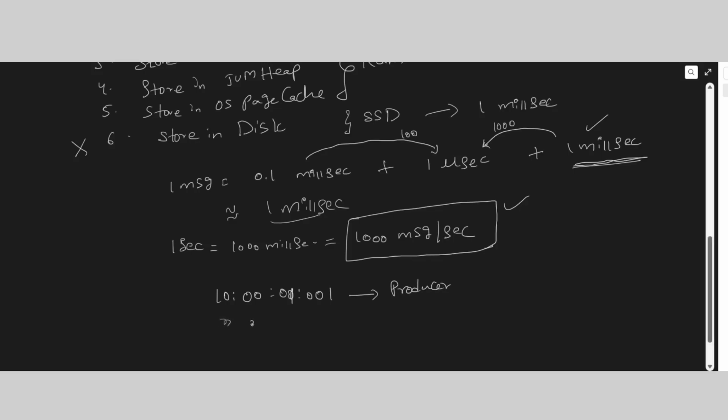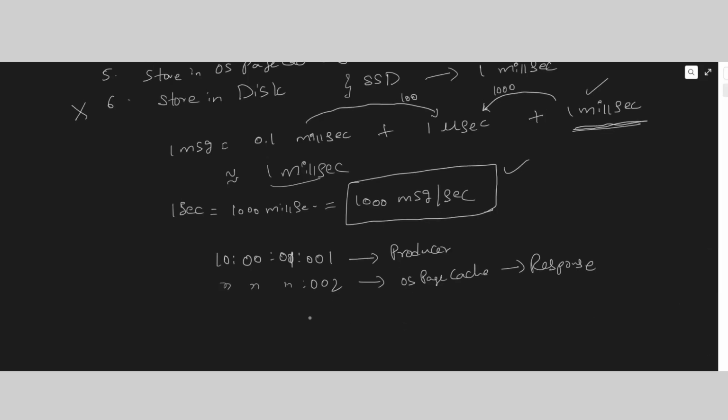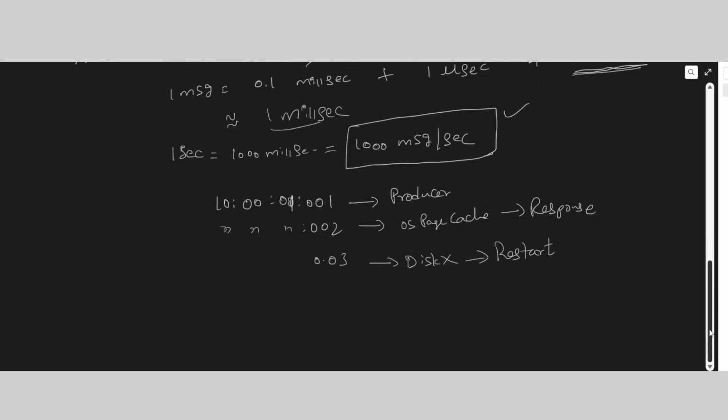At 002 millisecond, it was written in the OS page cache by Kafka and then responded to the producer saying, hey, it has been written. But at 0.003, we are about to write it into disk, but a system restart has happened suddenly, or due to power failure the system has shut down and we have to start it again.